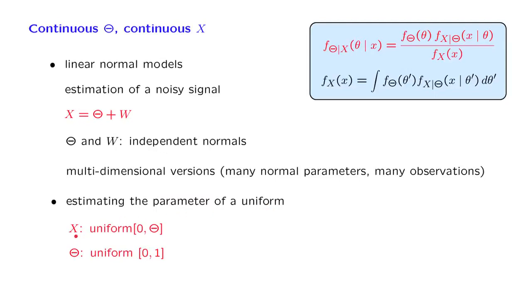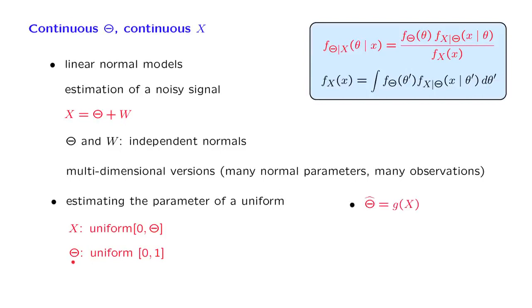So x is a random variable that's uniform over a certain range, but the range itself is random and unknown. And on the basis of observations x, we would like to make an estimation of what the true value of theta is. This is an example that you will see in our collection of solved problems for this class.